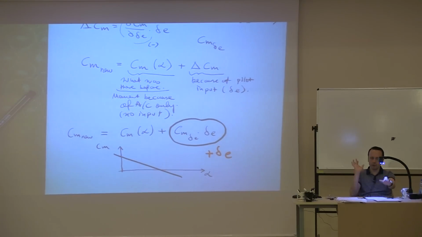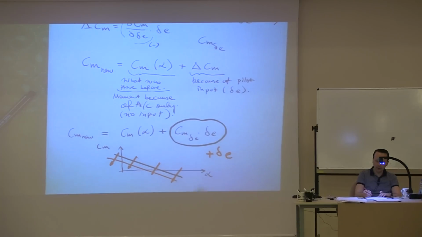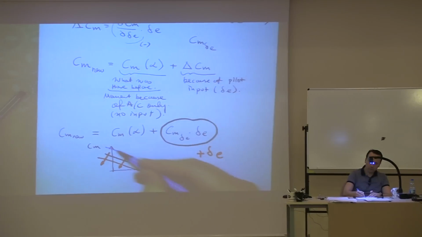Because it will give you a nose down moment, the pitching moment will reduce, so it will be going down here. And it will be equivalent at all points because this is not a function of alpha, it is just a function of del E. So this is for a positive delta E. If you would give a negative delta E, this would be moving upwards.